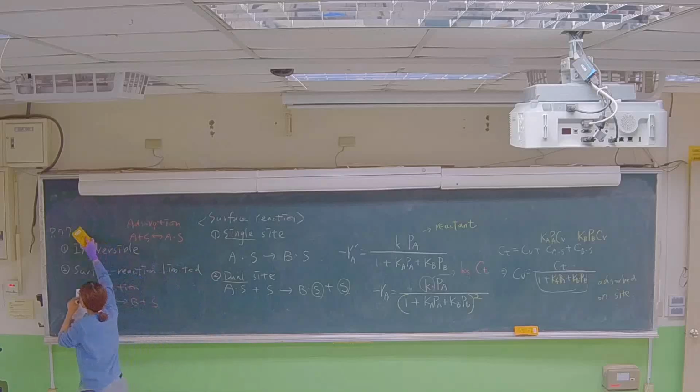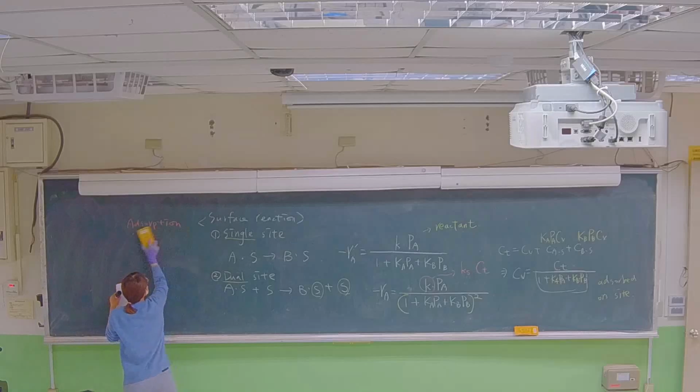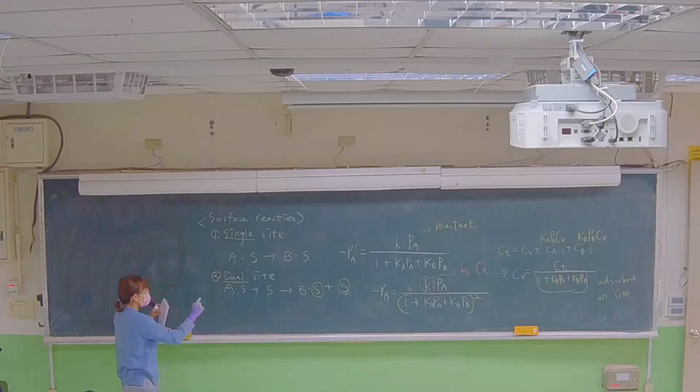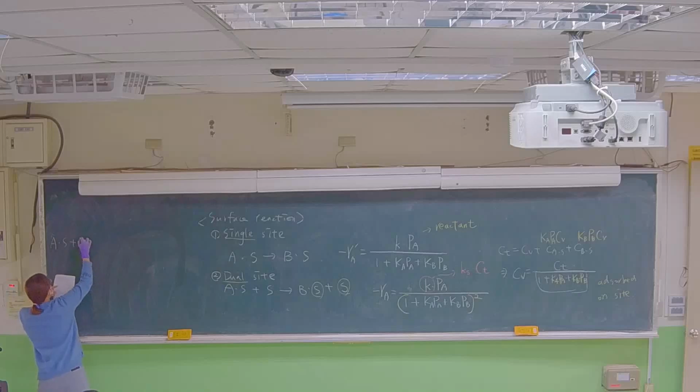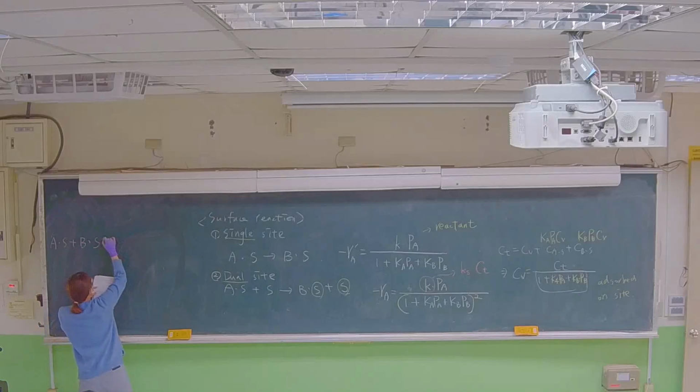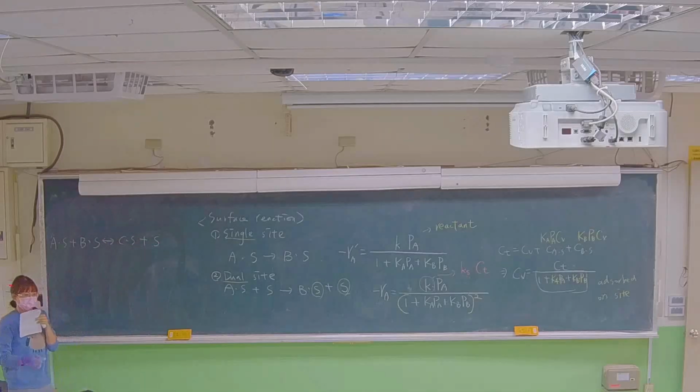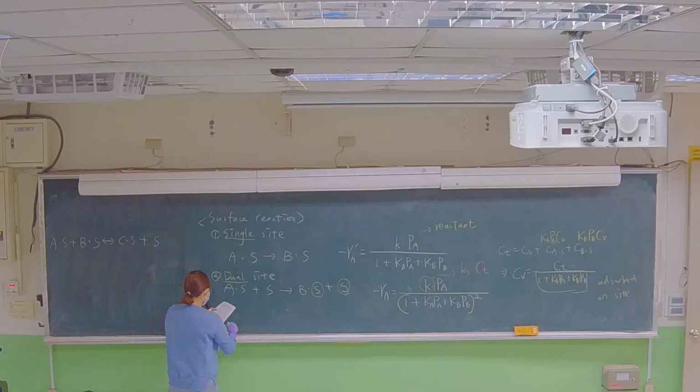Okay, next. We still have another chemical reaction for dual site. How about this one? For the dual site reaction, you may have a dual site becoming CS and S. If the surface reaction is like this, what is the rate law?